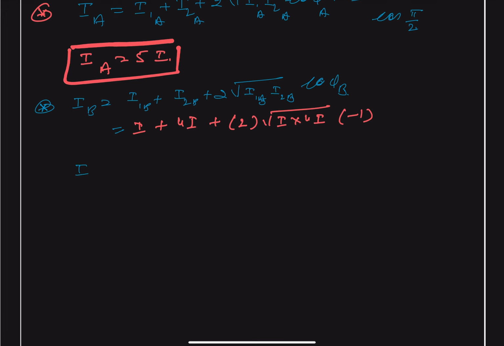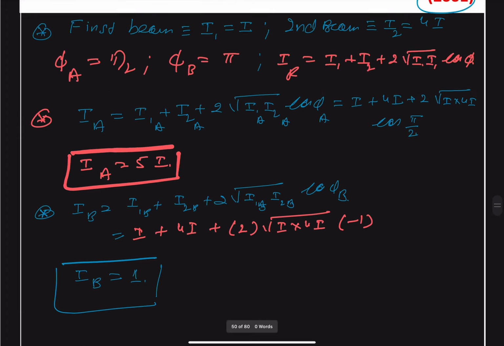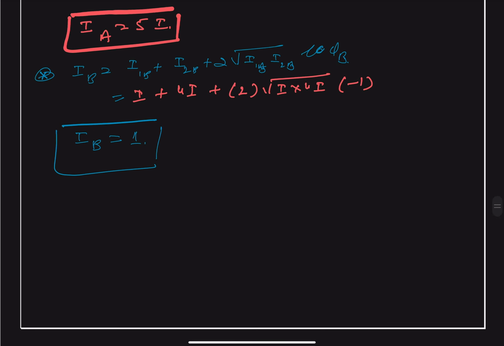This gives me IB equal to I. And we need to find the difference, delta I, which is equal to IA minus IB. Substituting the values, 5I minus I gives us 4I.